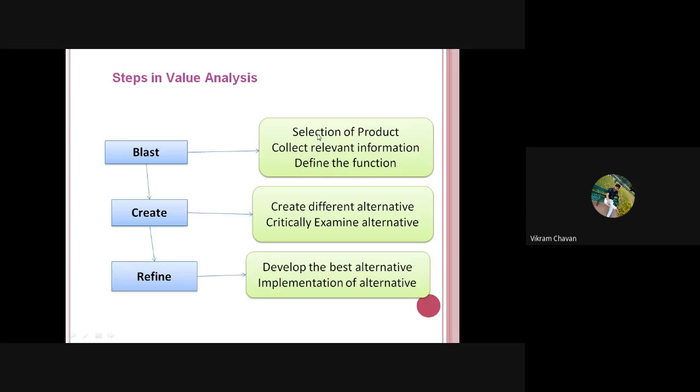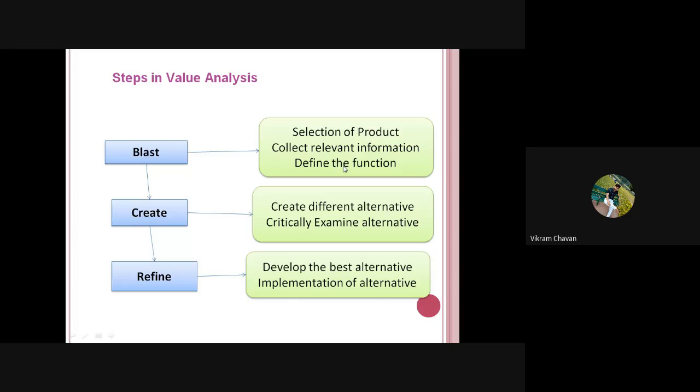The first stage is the product on which we are going to apply the value analysis. That product we need to select. Then all the information related to that product is collected: related to the quality, the manufacturing, the sale of that particular product, the requirement of the customers, complaints of customers, all information will be gathered.